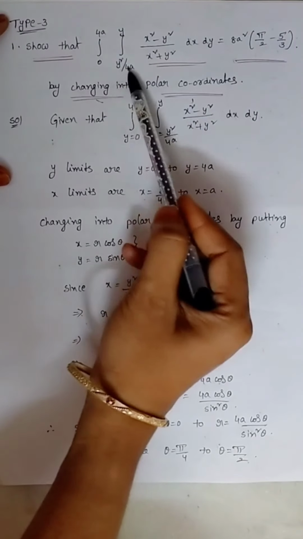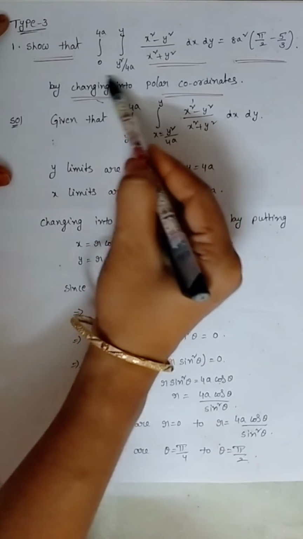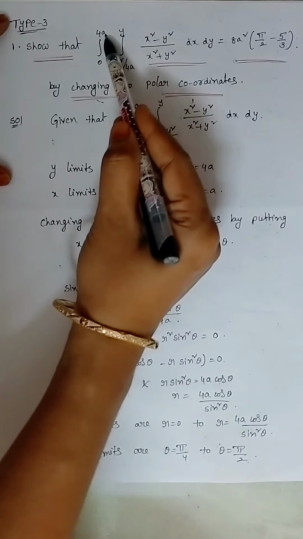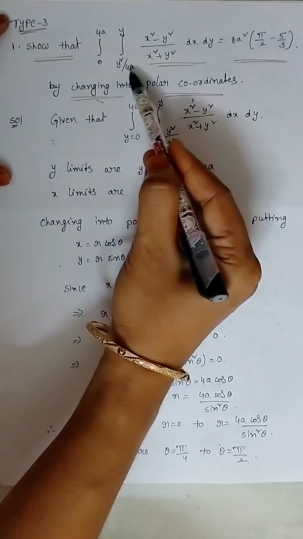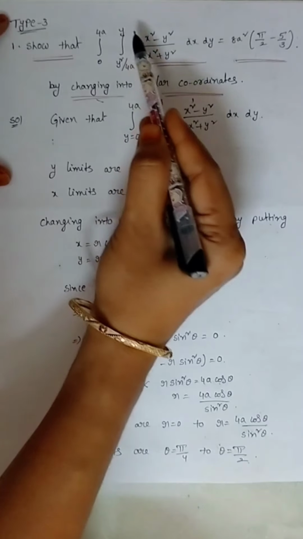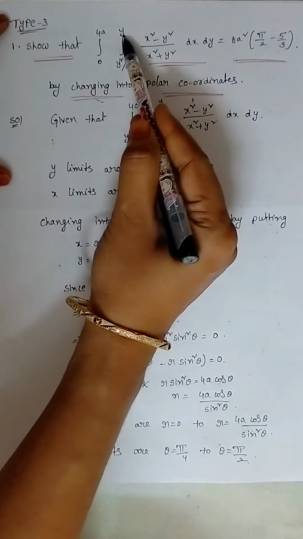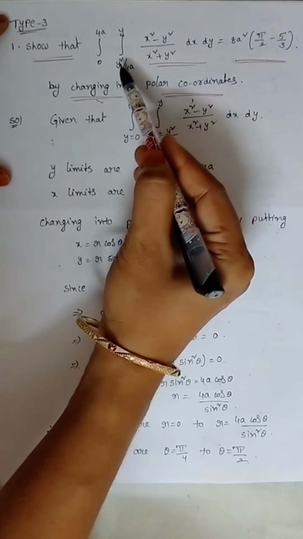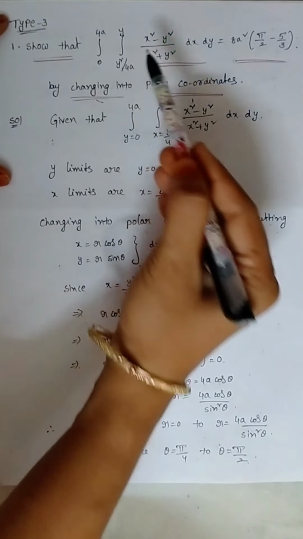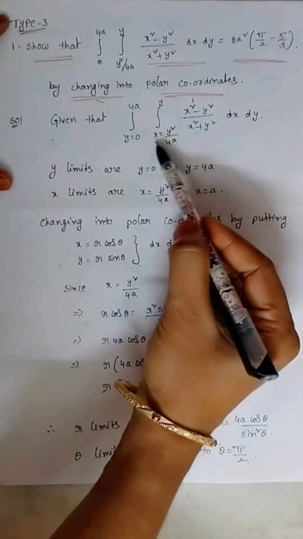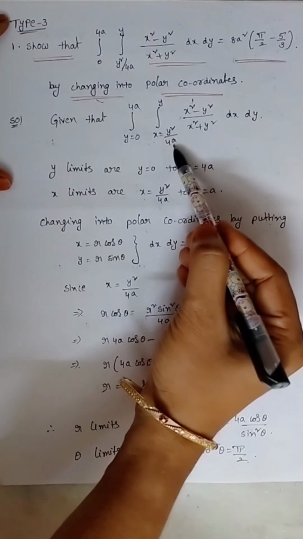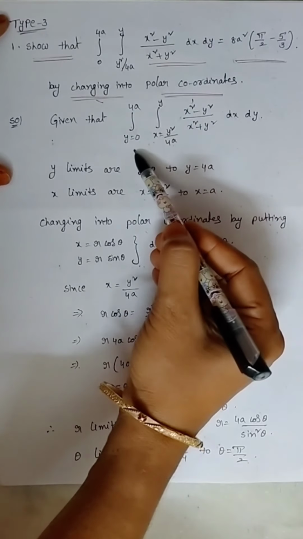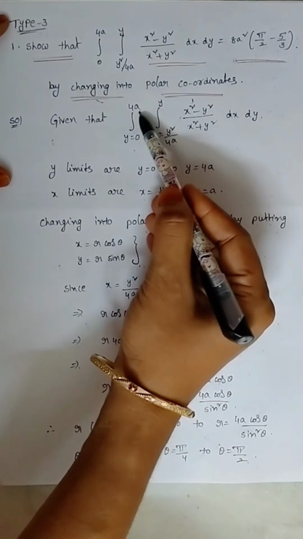From the given problem, we don't know which is x limits and which is y limits. 0 to 4a is the constant limits, and y square by 4a to y are variable limits in terms of y. So obviously these belong to x limits: x equals y square by 4a to y, and the remaining limits are y limits, y equals 0 to 4a.